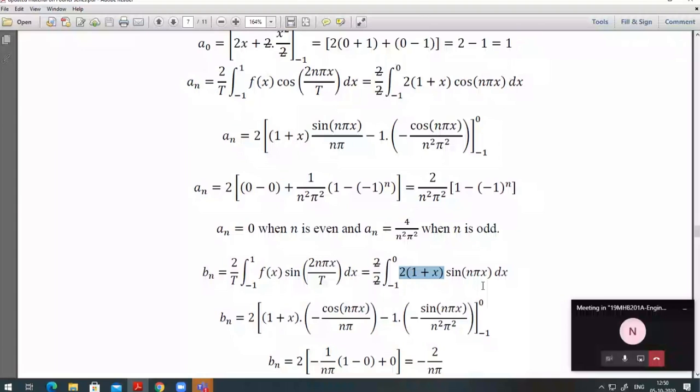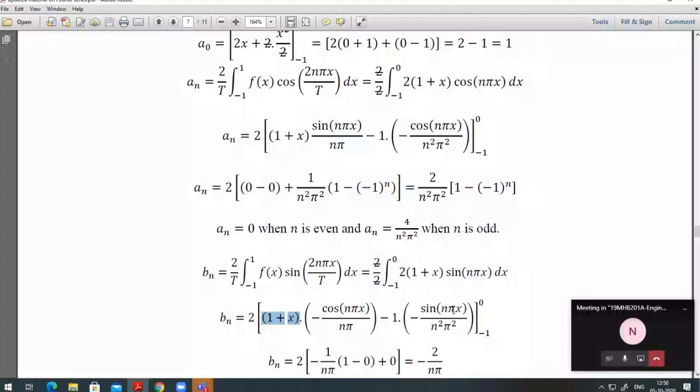So 2 into first function into integration of sin, which is minus cos n pi x by n pi, minus the derivative of 1 plus x, which is 1, into integration of cos, which is sin with the same negative sign, sin n pi x by n square pi square, in the limit minus 1 to 0. Simplifying, b_n is equal to 2 into, when the upper limit x equals 0, 1 plus 0 is 1 and cos 0 is 1, so minus 1 by n pi.